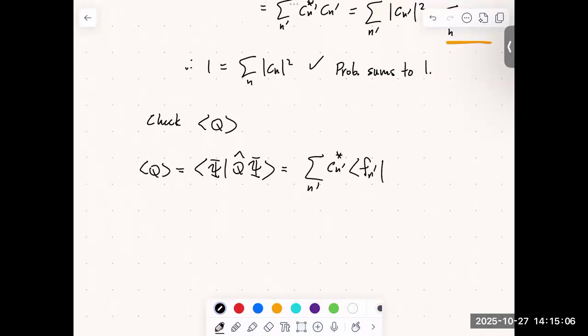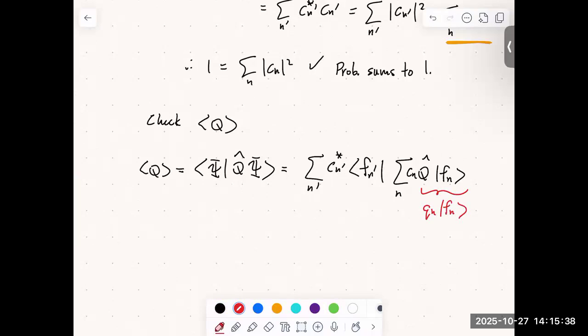All right, and then we're going to have the sum over n, Q hat acting on Fn, and I just need my Cn coefficients in there. Okay, so this is better. This is what I wanted. So now this is Q hat acting on eigenstates. And so from our eigenvalue equation, it's going to return Qn and the eigenstate back again, like so.